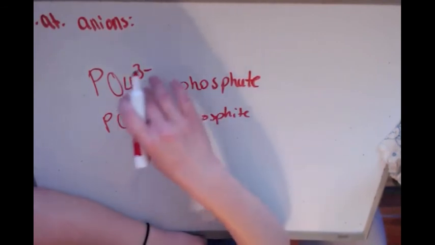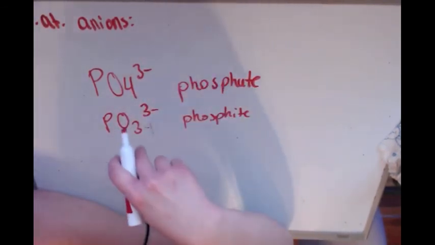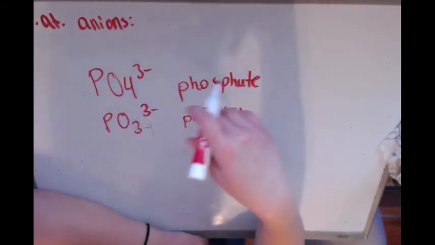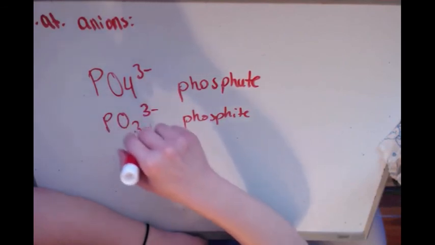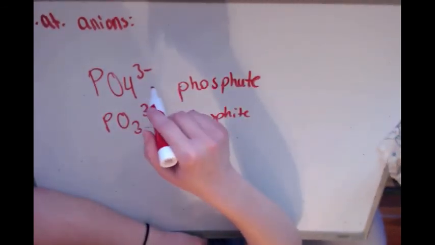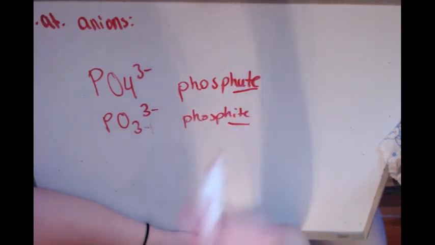If you just know that PO4 is 3 minus and it's called phosphate, you could infer that one less oxygen would be called phosphite. It's a phosphorus-containing oxyanion, so they still have the 3 minus charges. Just different oxygens make it a different ending.